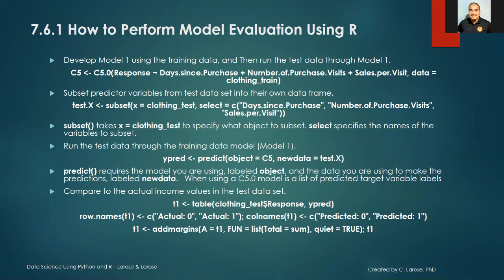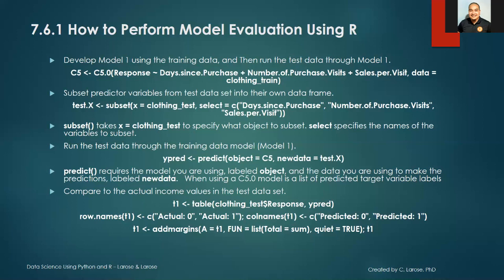The select input specifies the names of the variables to subset from the data. We are subsetting all three predictor variables, so we give the names of those variables in double quotes and list them inside a c command. We save the resulting dataset as test.x.